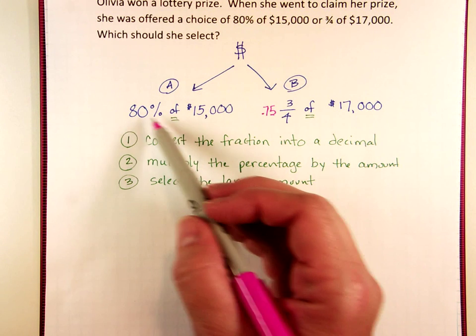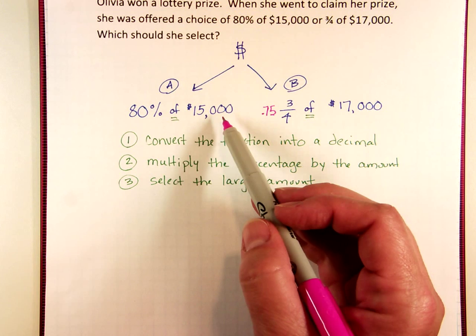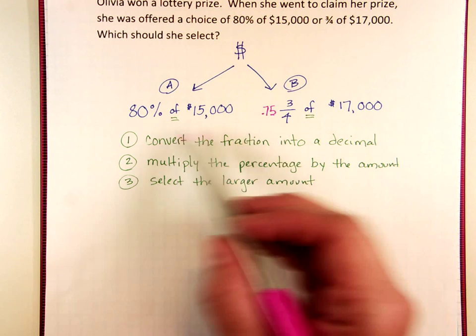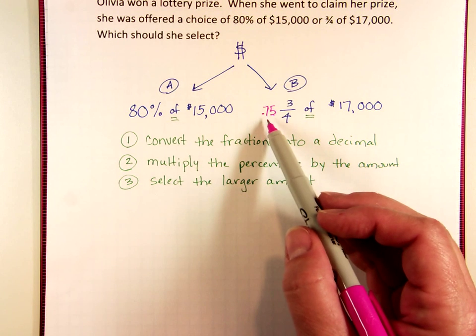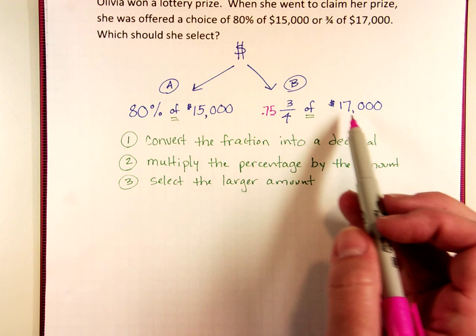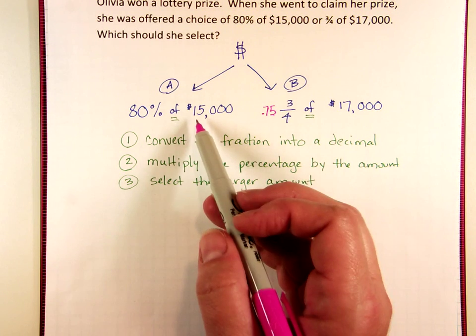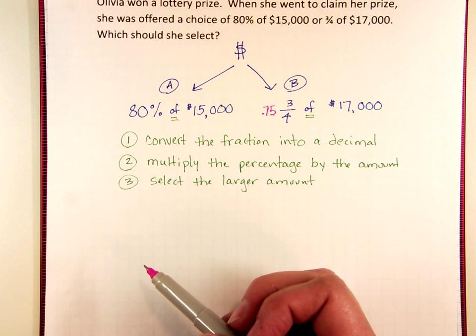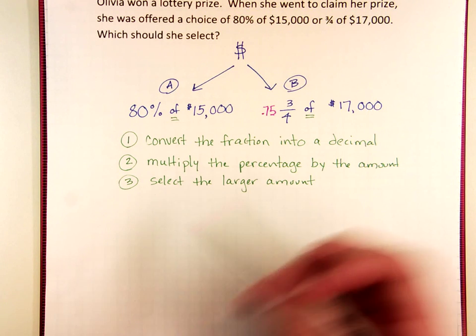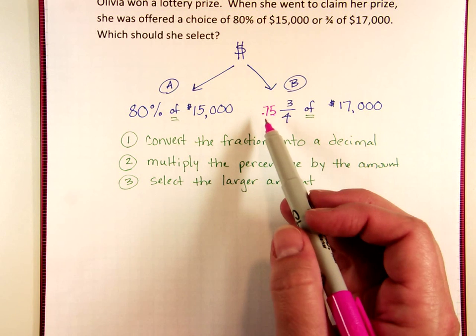You've got 80% of 15,000. You've got a little bit less of a percent. That was 80. This is 75. But you've got slightly more money. You've got 17,000 and you had 15,000. So $2,000 more dollars, but 5% less.